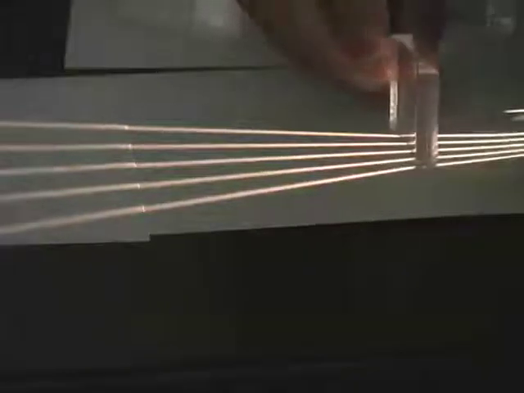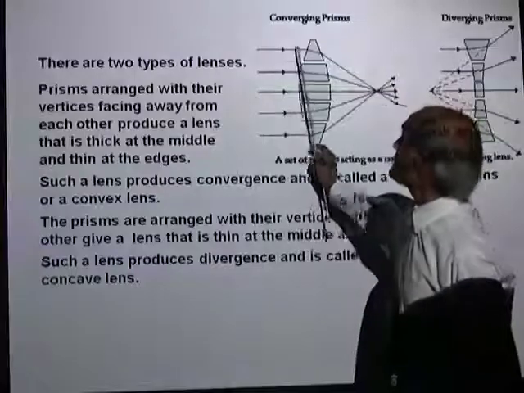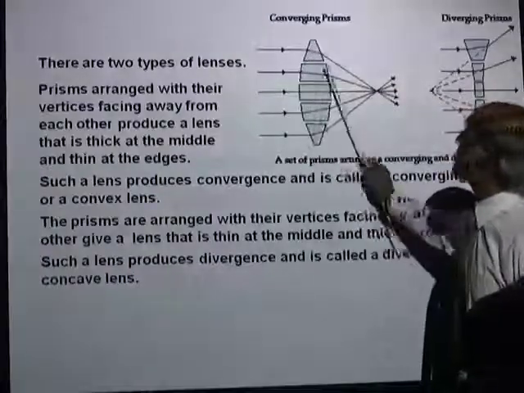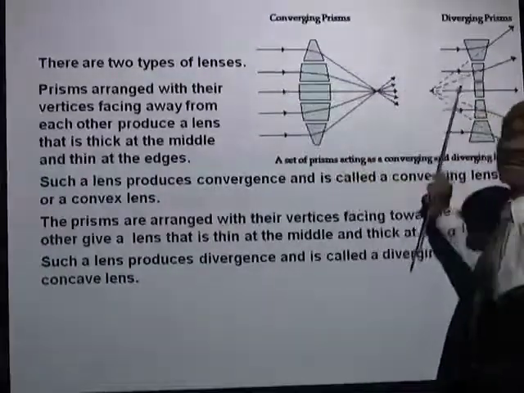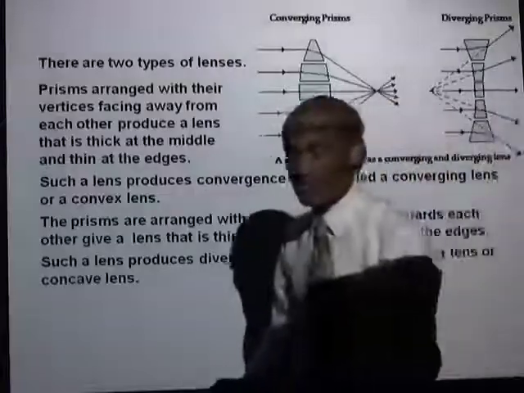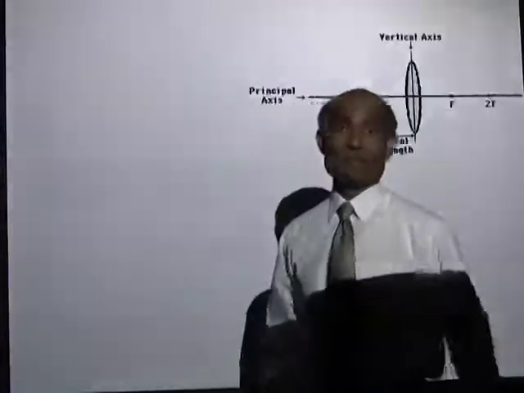So this is a diverging lens, and this is a converging lens. Now I want you to watch that convergence. The point where they meet is actually beyond the screen. Okay, let's go back to the... So we have two types of lenses. One is a converging lens and the other is a diverging lens.